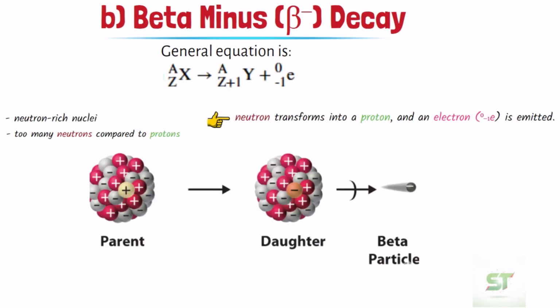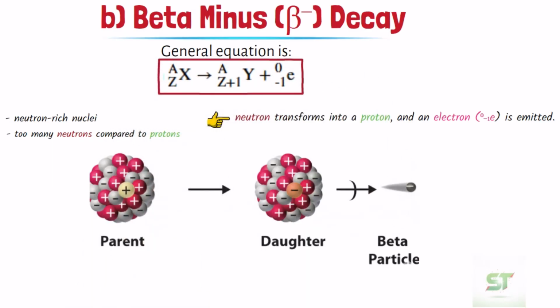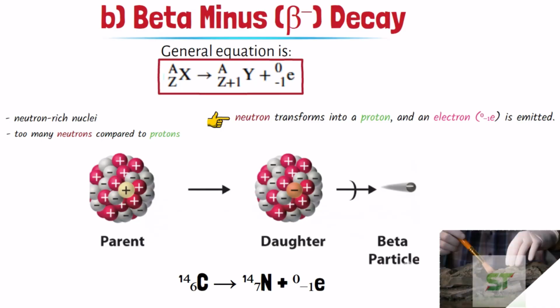The equation is this, increasing the atomic number by one, turning one element into another, but the mass number stays the same. For example, carbon can form nitrogen, emitting a beta minus particle. This is how carbon-14 decays naturally into nitrogen-14. This process is used in carbon dating.